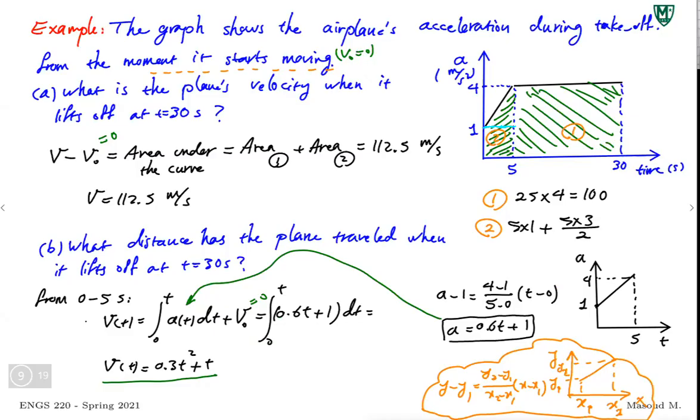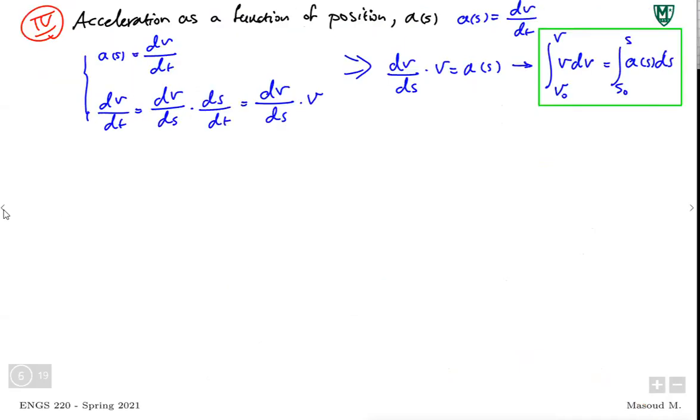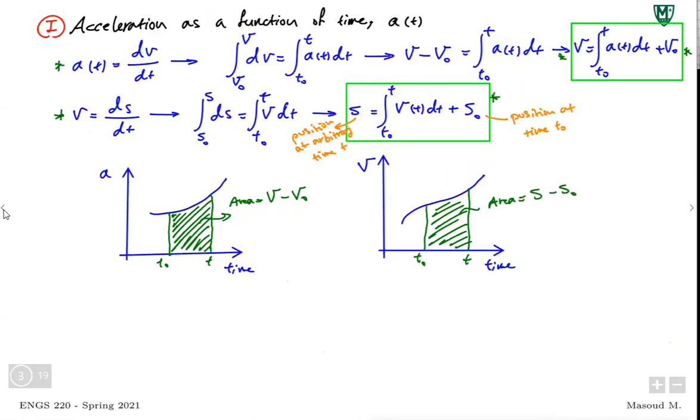Now, once you know your v as a function of time, you can use the second equation for position. You can say s is equal to the integral from 0 to some time t of v of t dt plus s naught.